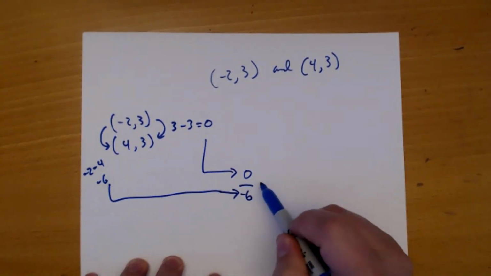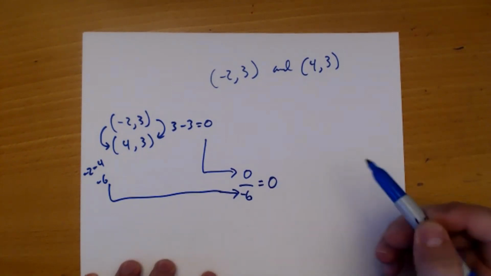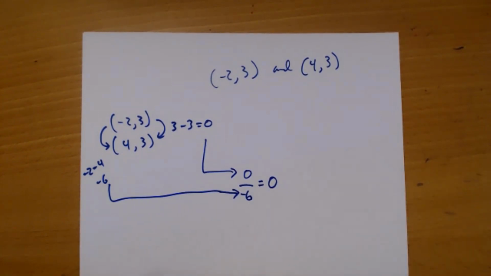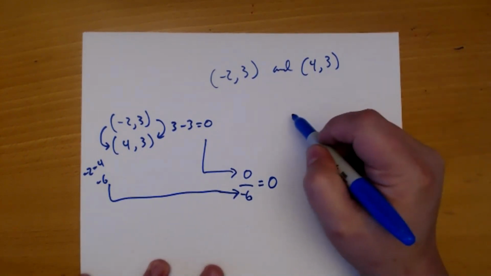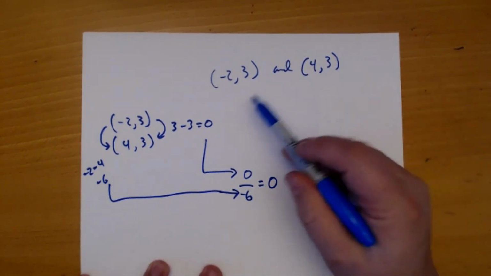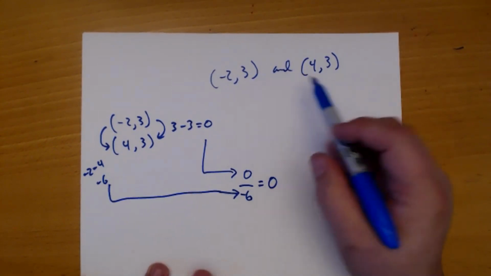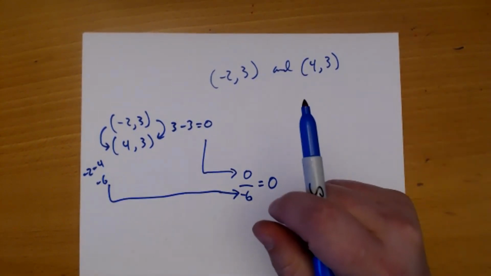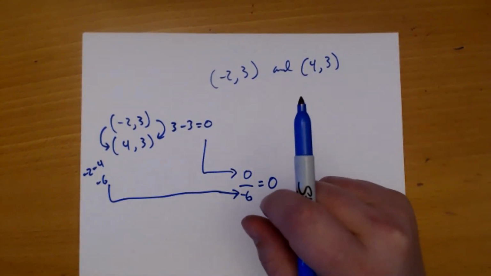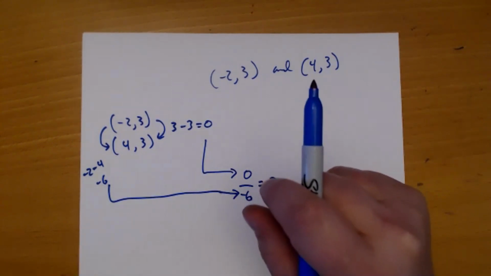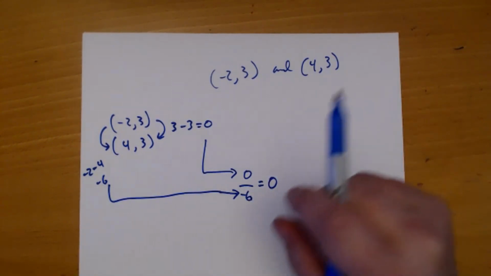And 0 divided by -6 is 0. But you said if the numbers are the same, it's undefined, right? If the x's are the same, then it's undefined. But if the y's are the same, then it's 0. Okay, thank you.